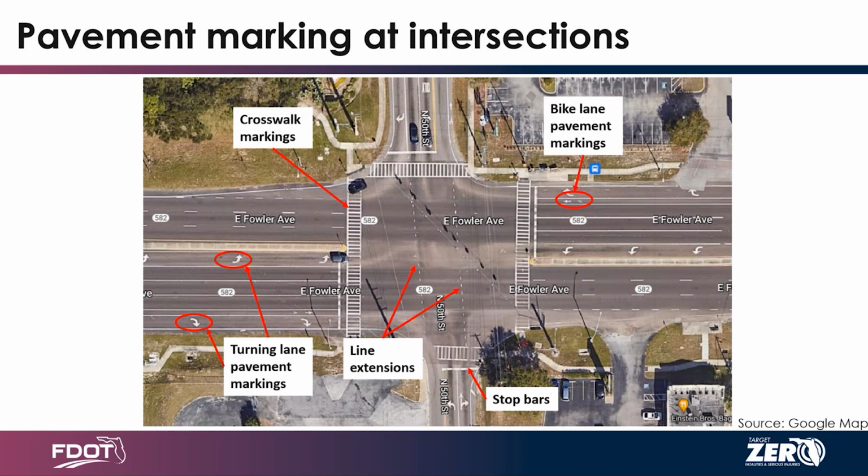And so I just want to emphasize we're already talking about a lot of pavement markings, a lot of signs to enforce and encourage driver behavior to improve the understanding of the intersection.